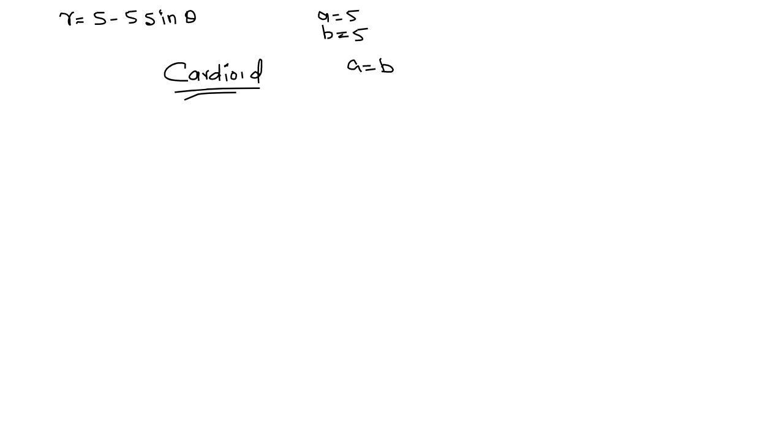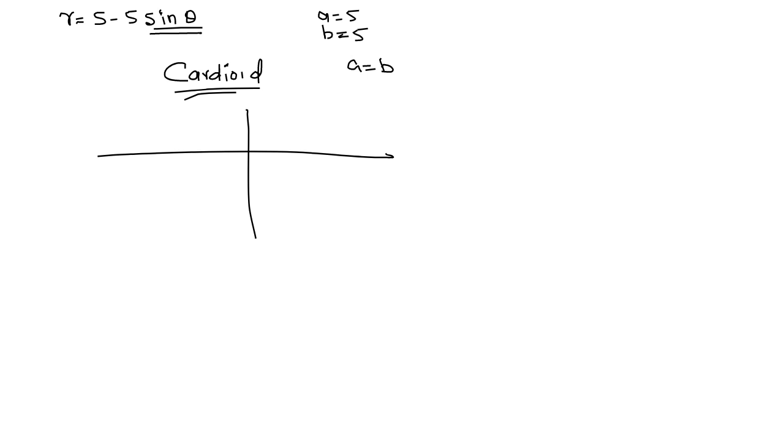Okay. Now, what about r is equal to 5 minus 5 sine of theta? Now A is equal to 5, B is equal to 5. So A and B are equal. You remember when A and B are equal, what does that mean? That means cardioid. A cardioid for sine of theta.